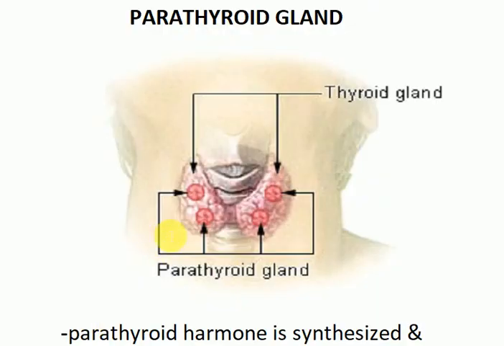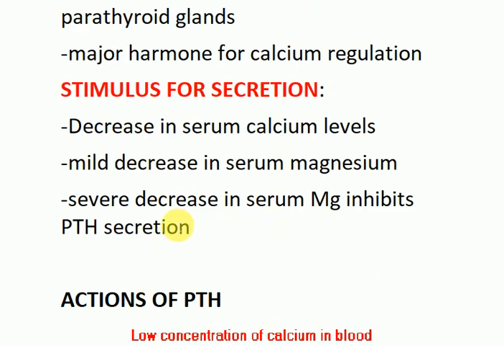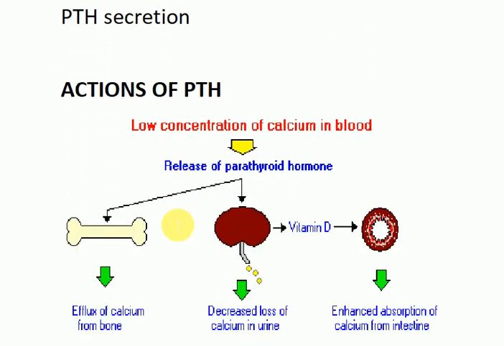Let us summarize. The parathyroid gland, four in number, located behind the thyroid gland, releasing the parathyroid hormone, synthesized and secreted by the chief cells of the parathyroid gland. Stimulus is the decrease in the serum calcium level or mild decrease in the serum magnesium level. Actions are on bone, on kidneys and the intestine.